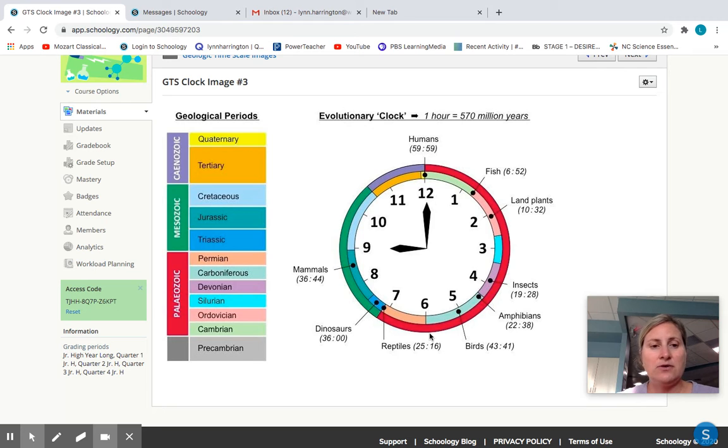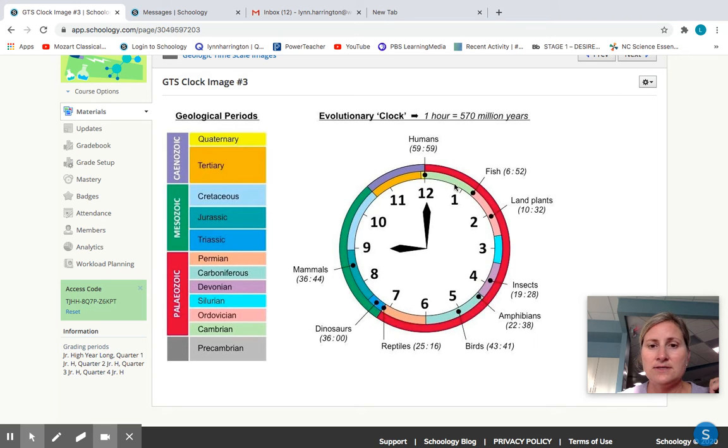You can do it digitally, or you can do it in a paper pencil type of way, but you have to figure out how to make a picture of it, scan it, and copy it to submit it through Schoology. Yours will have 10 facts about each of those periods, and 10 different animals or life, plants or animals, that were discovered to have lived during those eras of time.